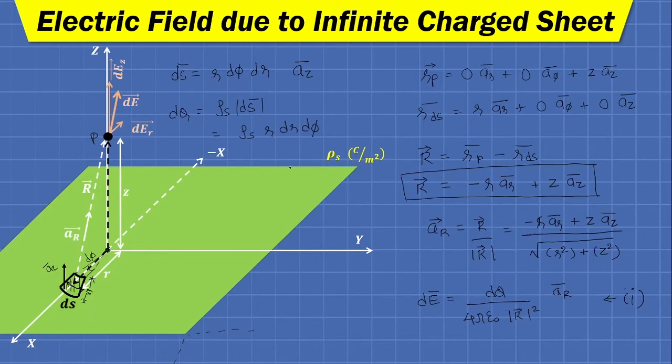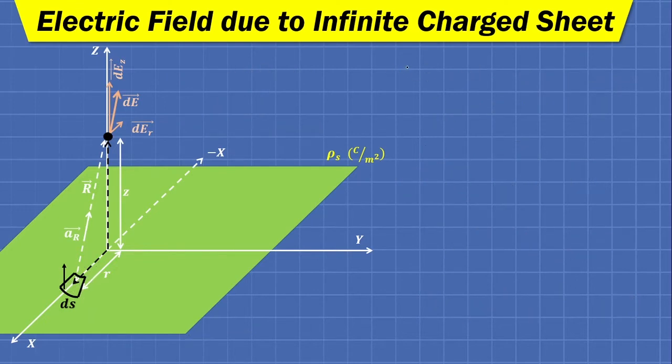So moving further and putting all these values in this equation 1, we will have dE bar equals to simply rho s into r dr d phi whole divided by 4 pi epsilon 0.